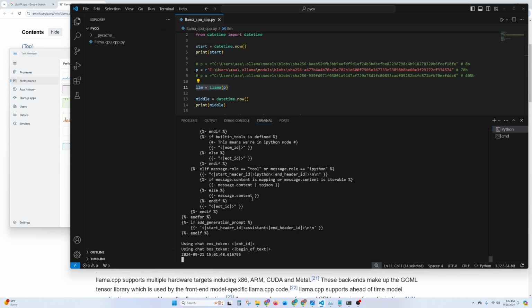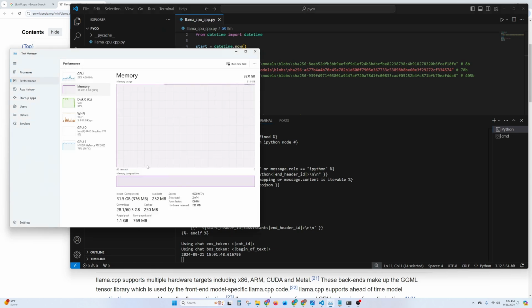That's why it's taking so long. So again, even though I'm using the CPU instead of the GPU, my limiting factor on the 70 billion parameter model is the RAM. Folks, at 32 gigabytes, I do not have sufficient RAM.